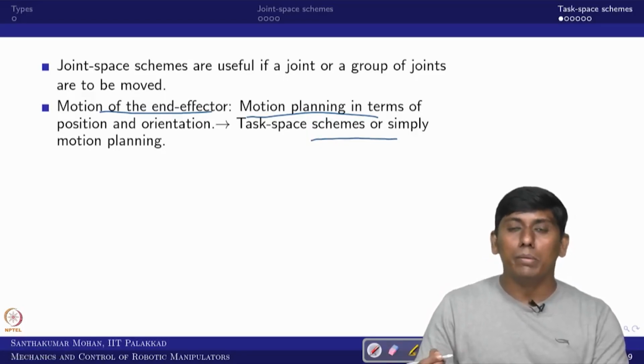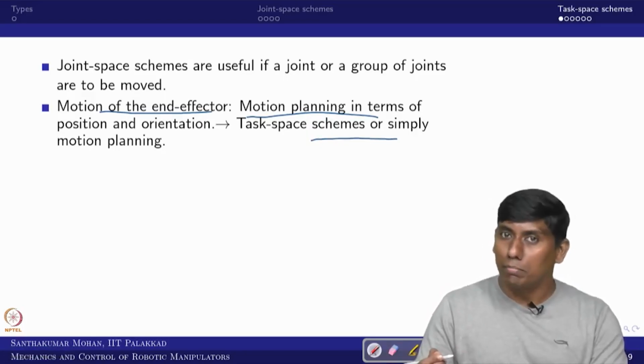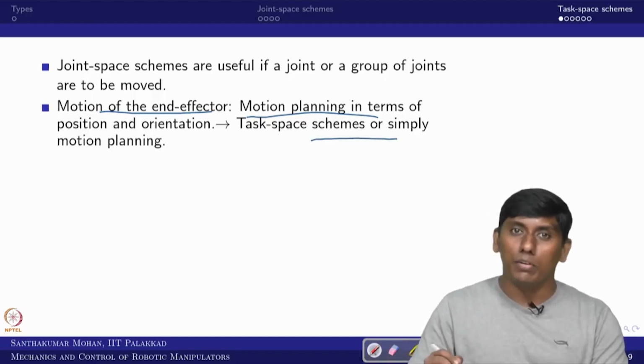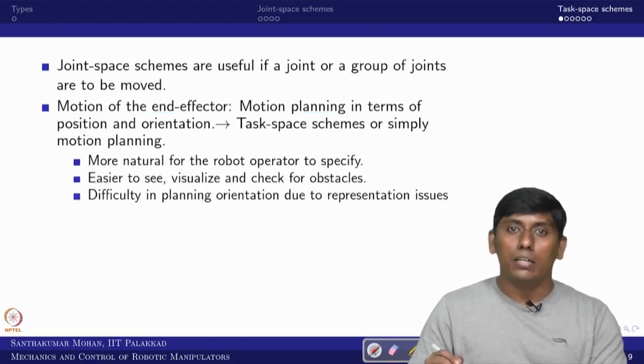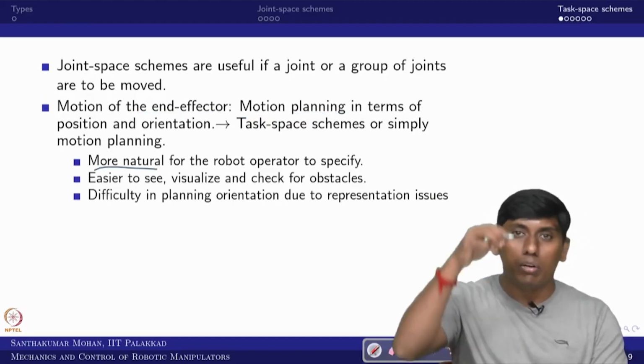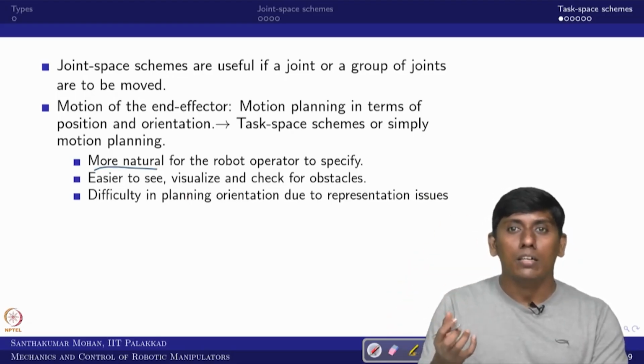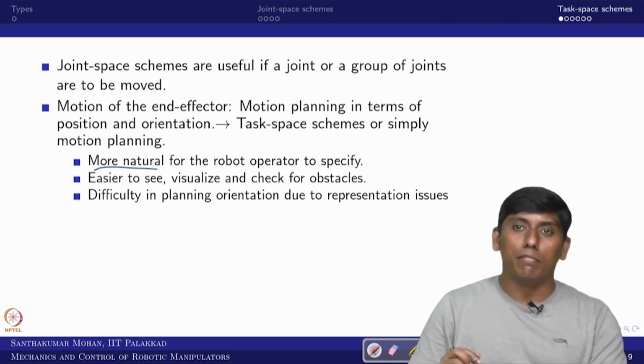Most people mean by motion planning nothing but task space trajectory generation. There are certain constraints that we are trying to address, but this is more natural and realistic, because the robotic task is always defined with the end effector.